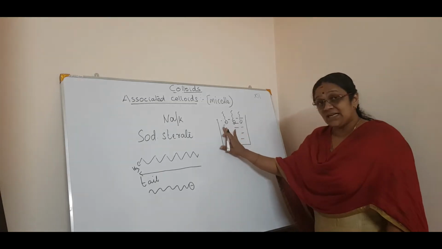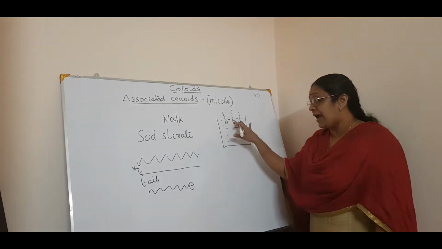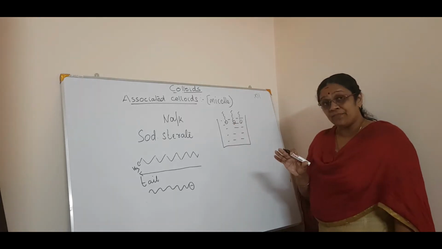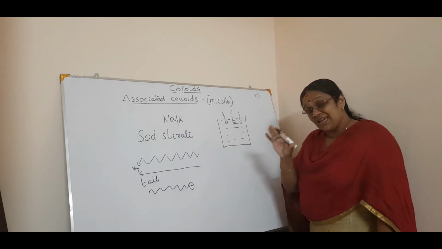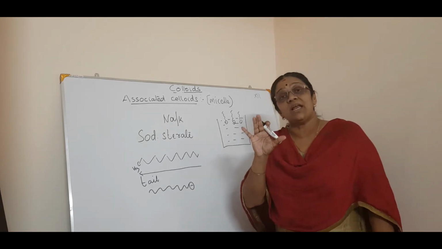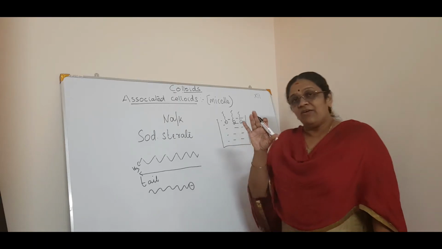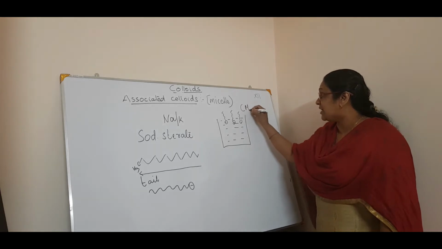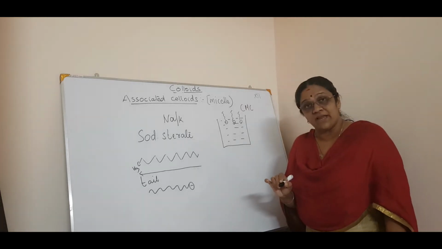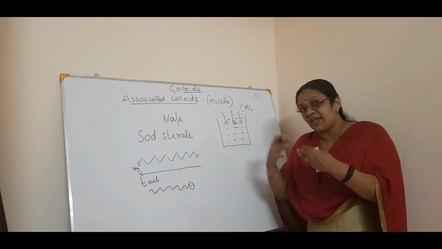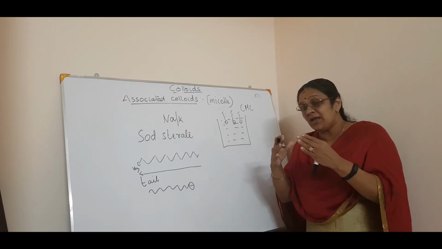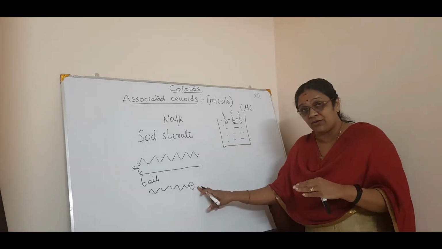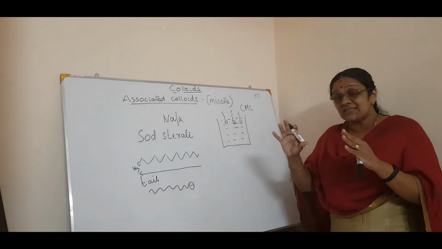Now this is at low concentration. Now if you add this soap, what will happen when this solution attains the critical micelle concentration? Then the concentration is high, isn't it? So it cannot exist as individual ions. This is again an anion, isn't it? So it can't exist as individual ions.